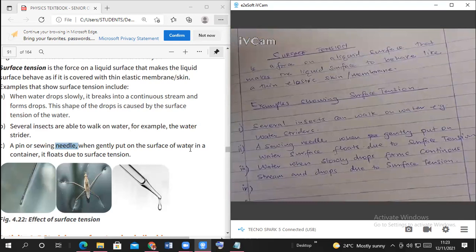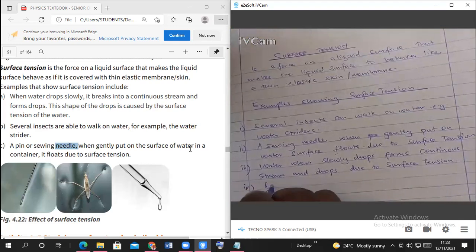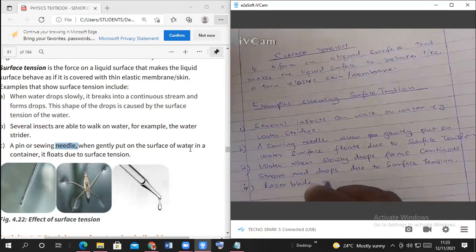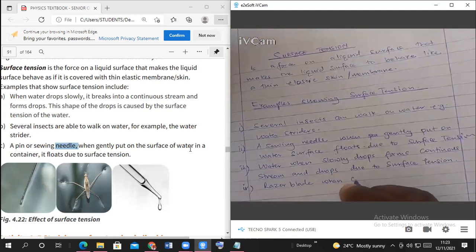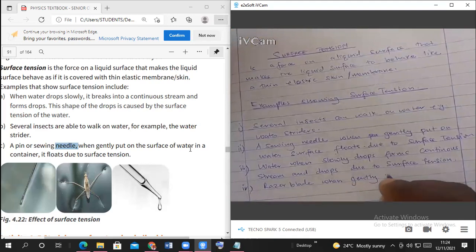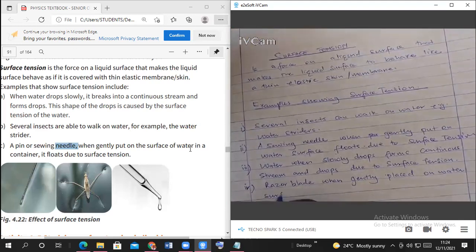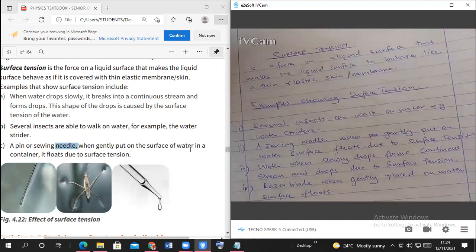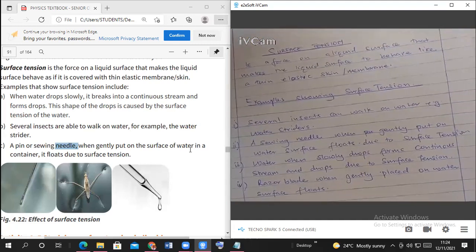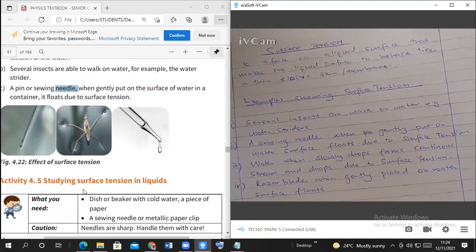Razor blades, when gently placed on the water surface, float. So those are 4 examples that I've given you.